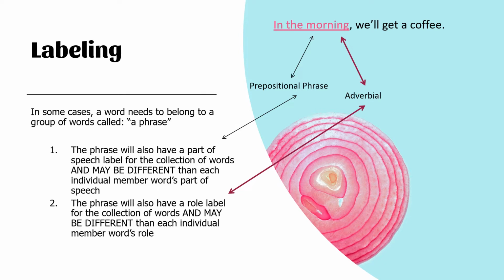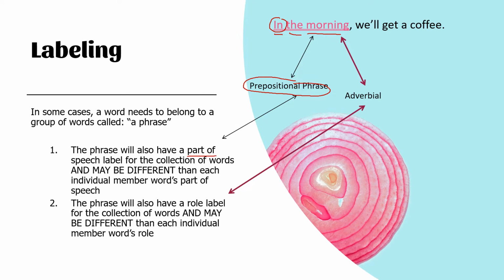So let's look at this example here. In the morning, in is a preposition, the is a determiner, an article to be more specific, and morning is a noun. So even though we have a determiner and a noun, we call this phrase a prepositional phrase because it is started with a preposition.